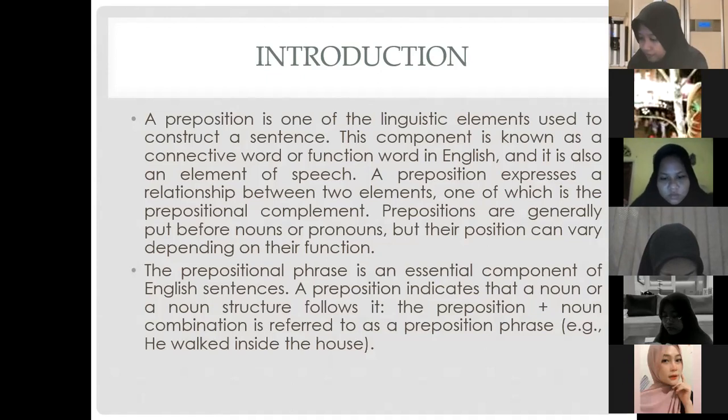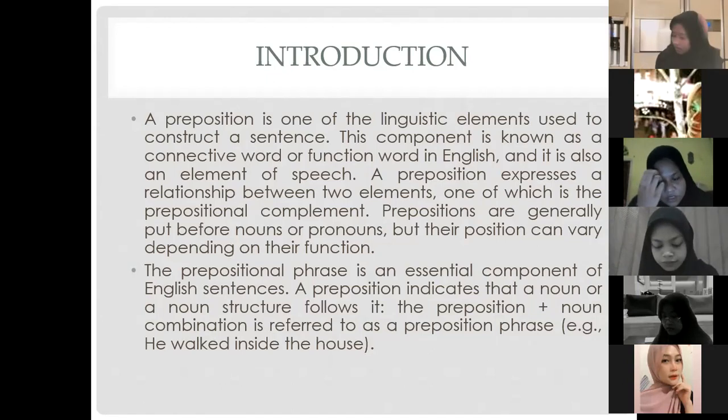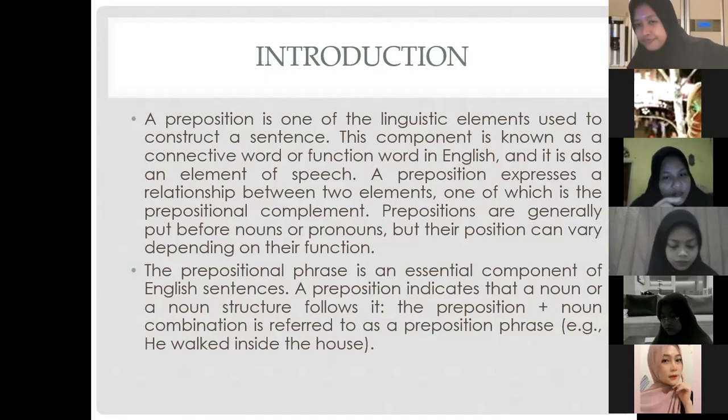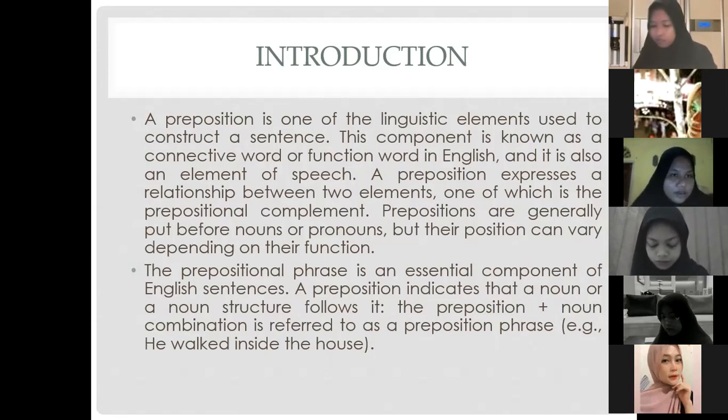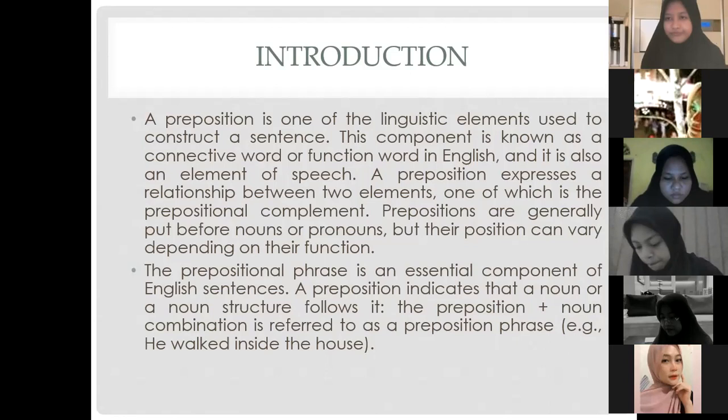So for the introduction, a preposition is one of the linguistic elements used to construct a sentence. This component is known as a connective word or function word in English, and it is also an element of speech. A preposition expresses a relationship between two elements, one of which is the prepositional complement, and prepositions are generally put before nouns or pronouns, but their position can vary depending on their function.